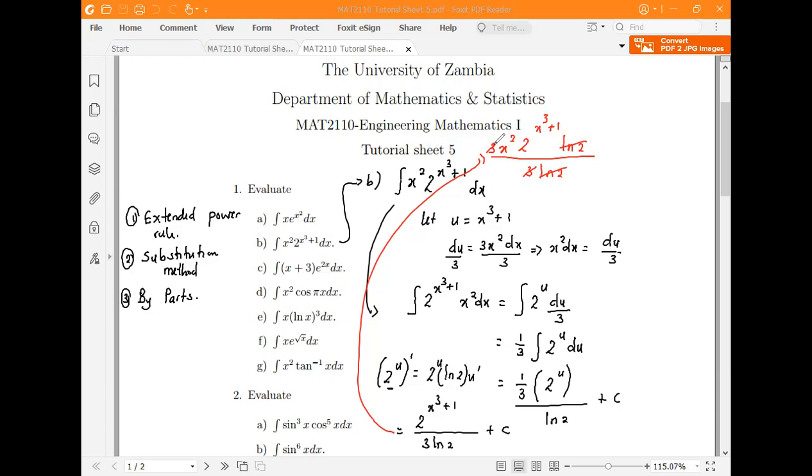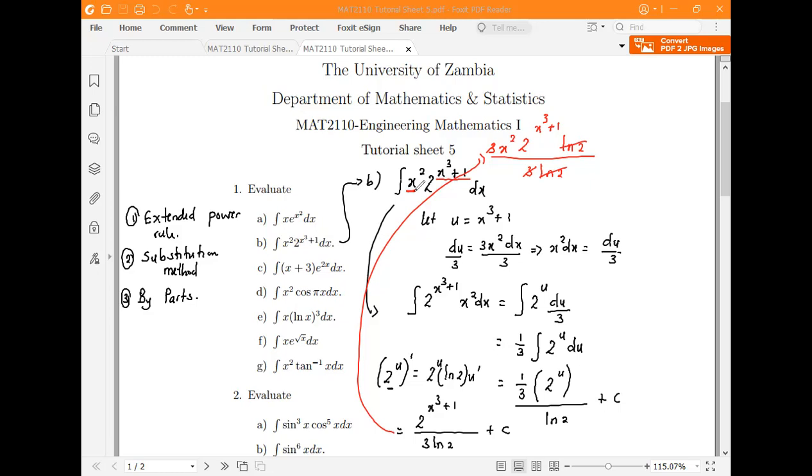So then, how do I know that now I need by parts, now I need substitution? For substitution, you are able to see the derivative of a certain part being multiplied. In this case, we have seen the derivative of the power being multiplied with the base. So we could let the power be some u, and see that the thing being multiplied there is actually the du of that power.